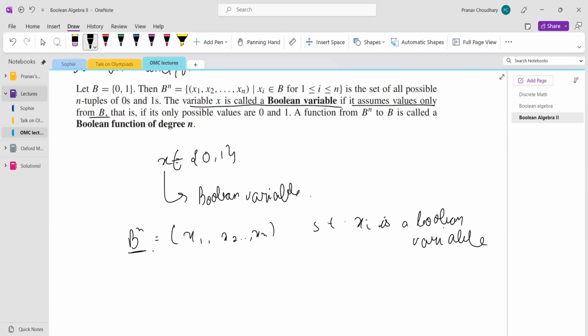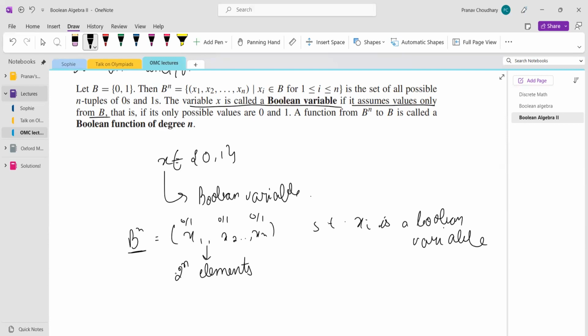If you see, B^n has 2 to the power n elements, because x1 has two options, 0 or 1, x2 has two options, 0 or 1, and xn also has two options, 0 or 1. So in total there are 2^n elements in the set B^n.